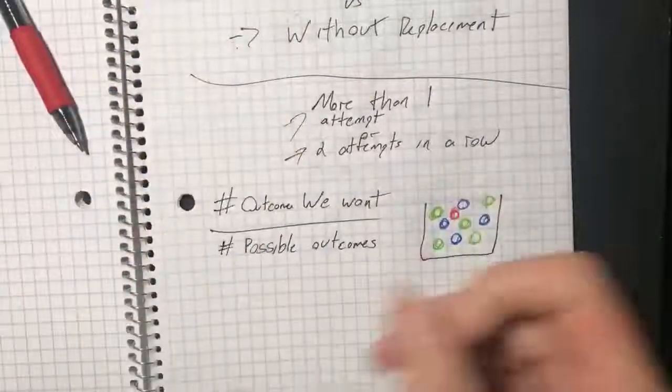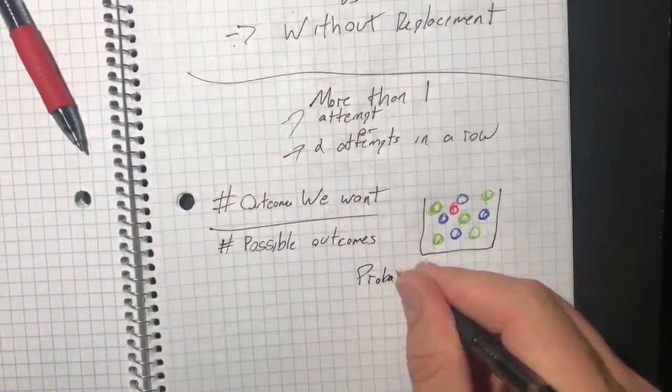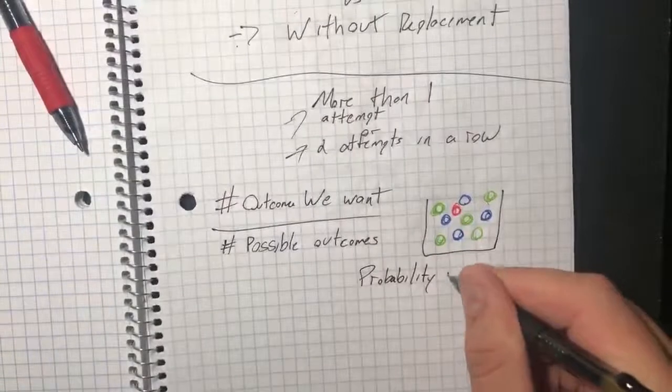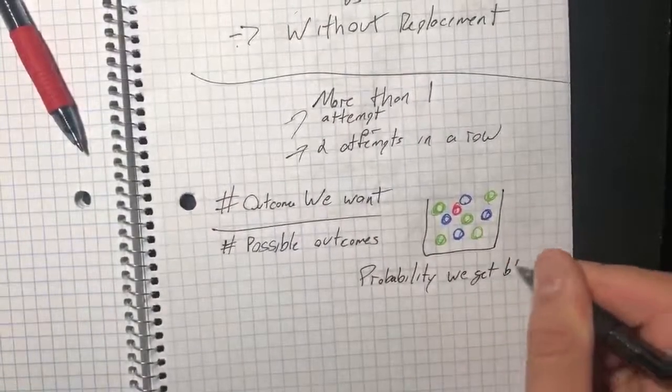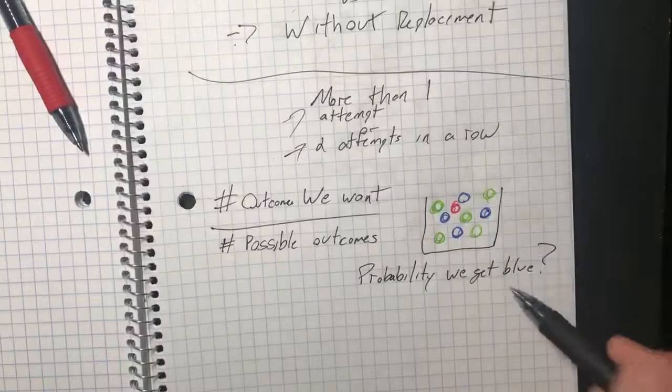My basic question is, what is the probability we get blue, randomly picked from this box?